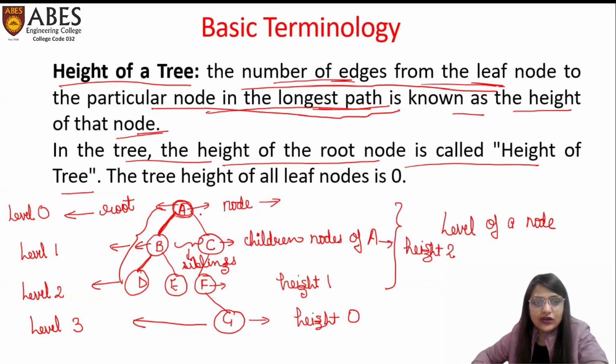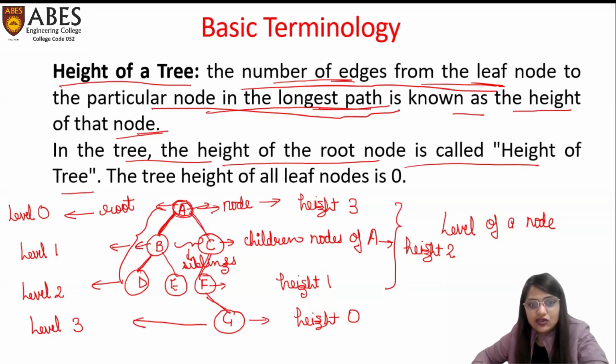If I want to calculate the height of root node A, then it will be height 3. It means the number of edges which have to be followed from the leaf node to that particular node. Let us assume 1, 2, 3. It means this represents the height of the tree.